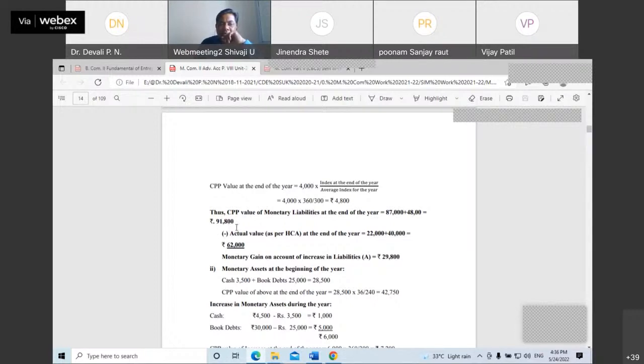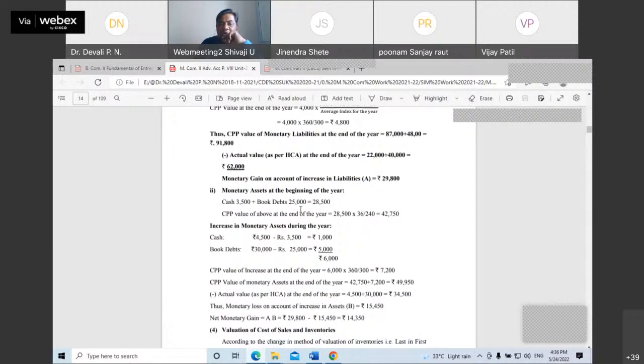Now 91,800 minus 62,000, we are gaining 29,800. So this is monetary gain on account of increase in liabilities. Due to the increase in the liabilities value under CPP, we are gaining.